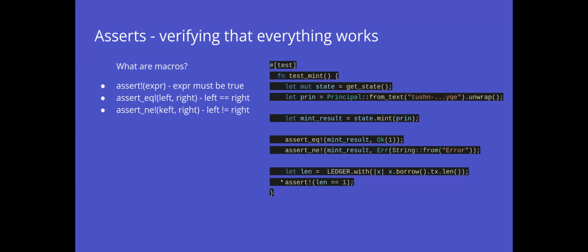The example of this assert is in the last line. We can also check if left and right parts are equal or not equal, so both assert equal and assert not equal. And you have examples in the middle of both of them.